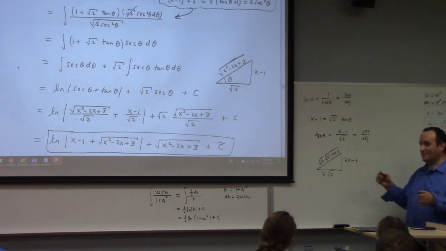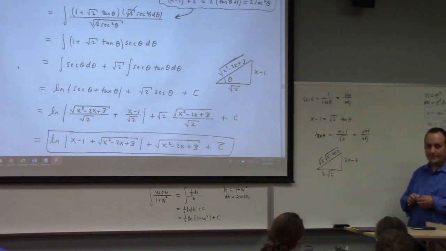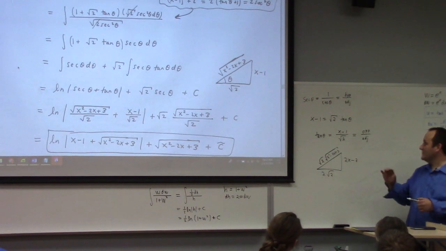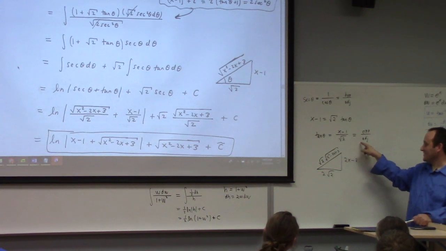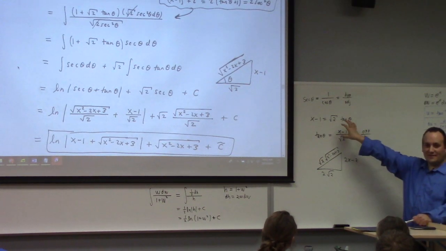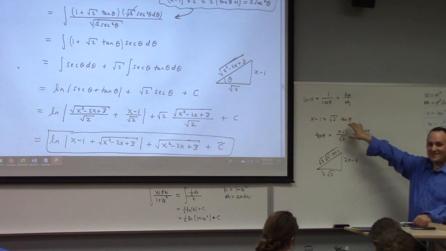You could draw this triangle for the substitution as well. There's something you guys never question, which is why is the thing upstairs the opposite side and the thing downstairs the adjacent side? I mean, you could rescale the top and the bottom of the fraction by any number you like, and you'd still have a similar triangle which expresses the same ratios.